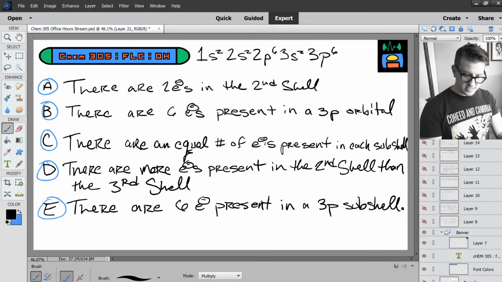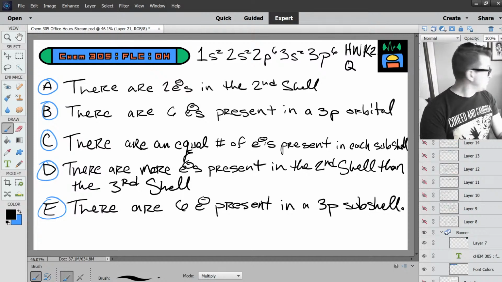And again, this is homework 2, question 11.